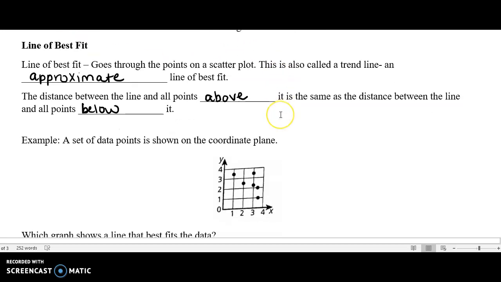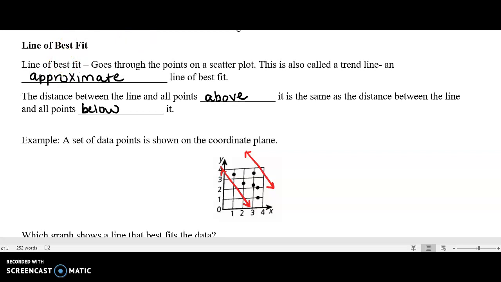So looking at this first graph here, this first scatter plot, I wouldn't want to draw a line that models this down here. We don't want all the points above. We also don't want all the points below.